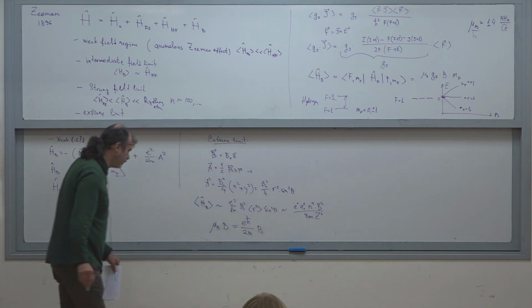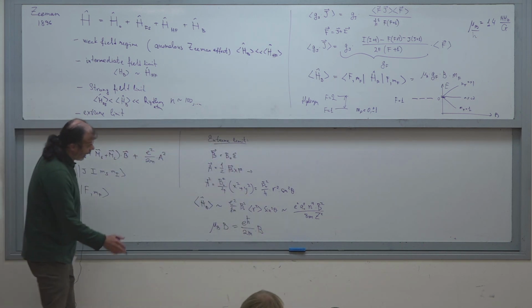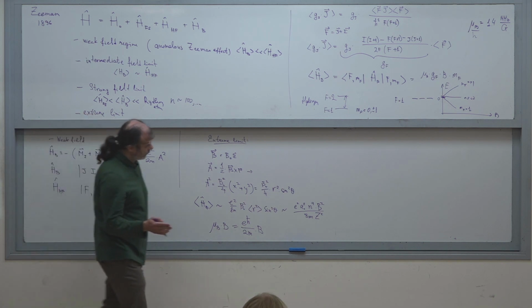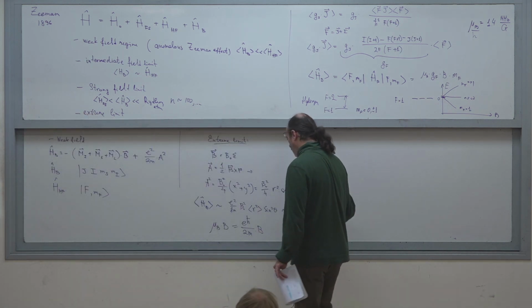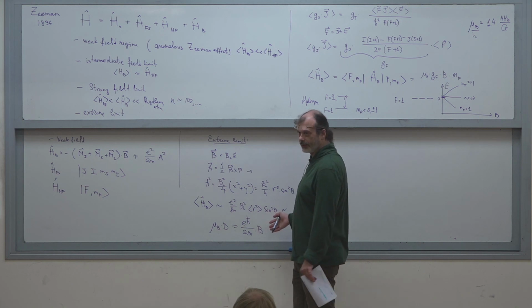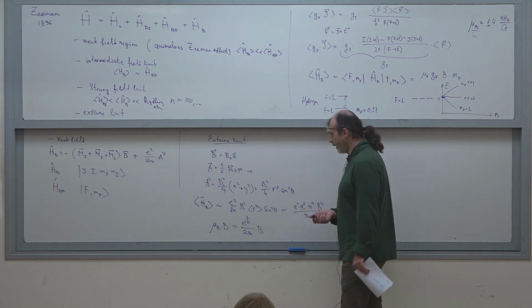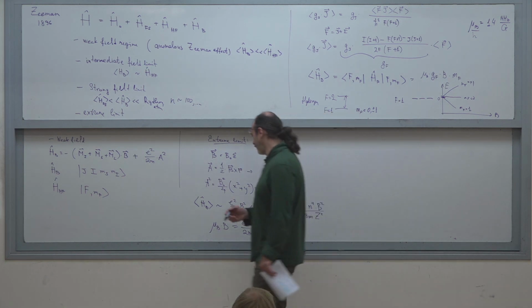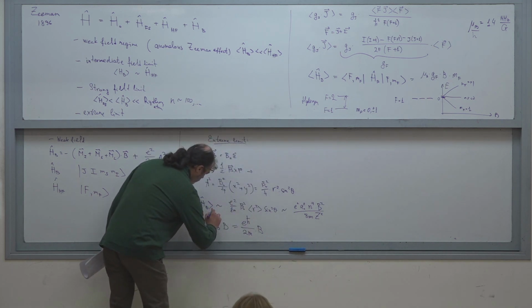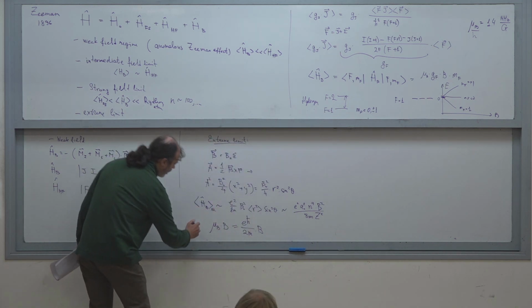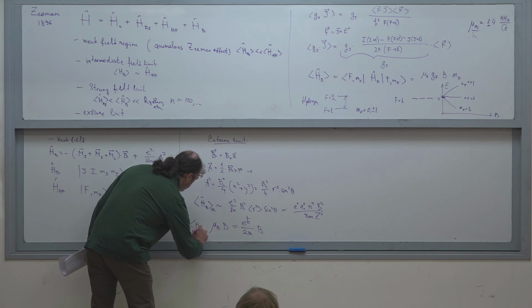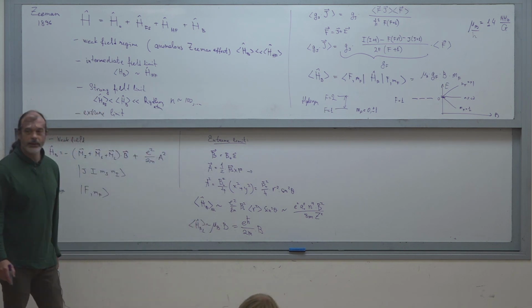That's the magnetic field. So now we can divide the nonlinear part by the linear part, the contribution to the Hamiltonian H_B.